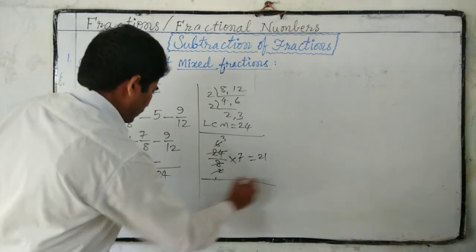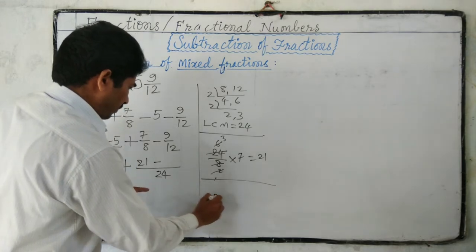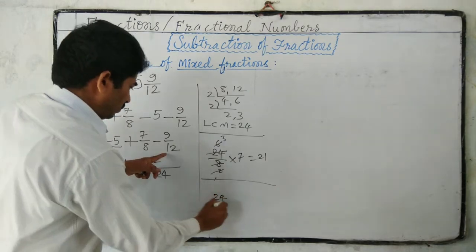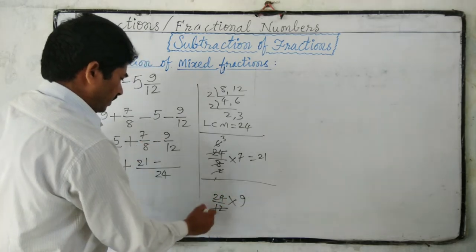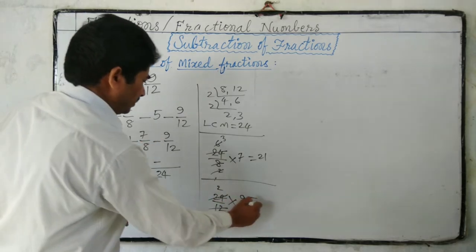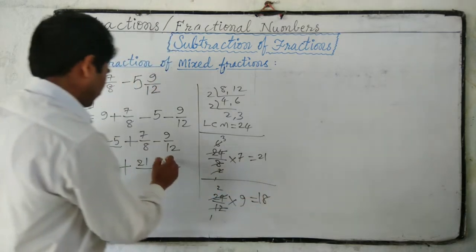Now 24 divided by 12 and multiply with 9: 12 twos are 24, 2 nines are 18.